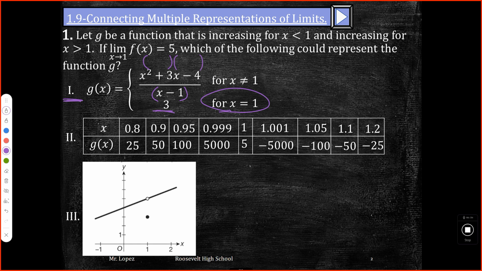So this factors out to be x and x, and then positive 4 minus 1, and we can cancel this out and substitute in. So here we can find the limit as x approaches 1 of the function, which is going to be x plus 4.